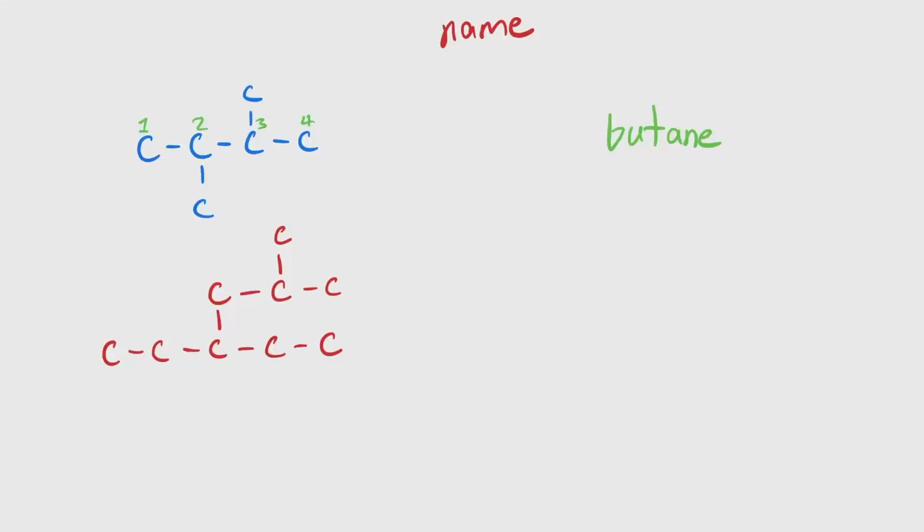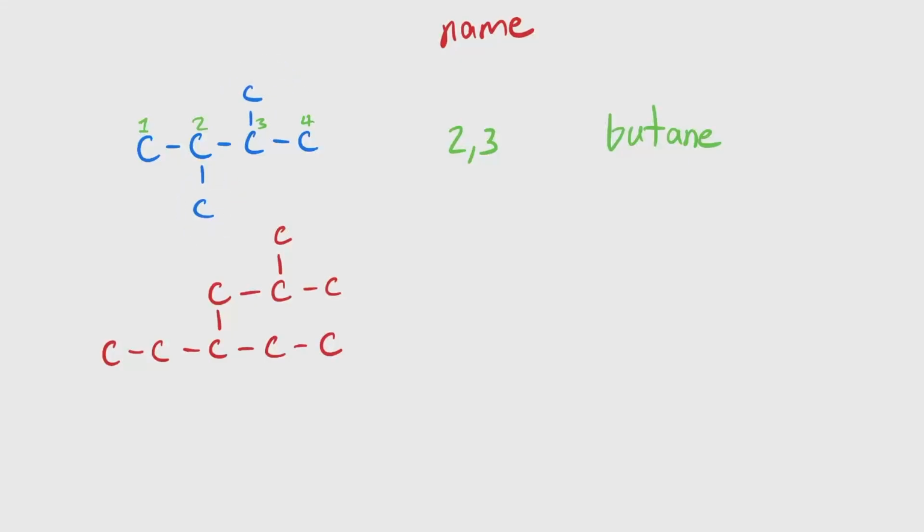Where is one of those things located? Which carbon is it on? We've got one on the 2. Where's the other one? 3. On the 3. So we've got on the 2 and on the 3. And I'm numbering it 2, 3 because they are together. That's how you number. What are those side groups?